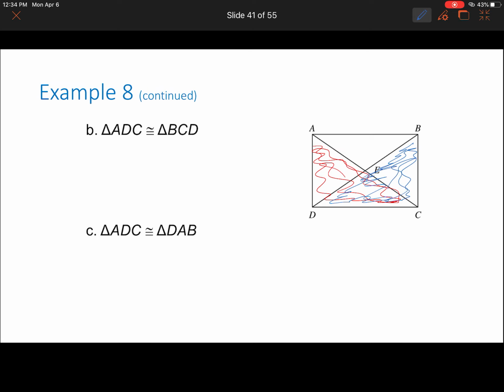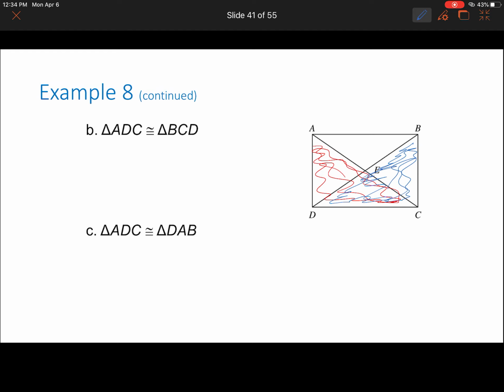We want to show that those two are congruent based off of the use of an isometry. Well, if you think about that one, a rotation is not going to work, because if you rotate ADC, you don't get the same BCD. But if we could flip it, well, that would work.